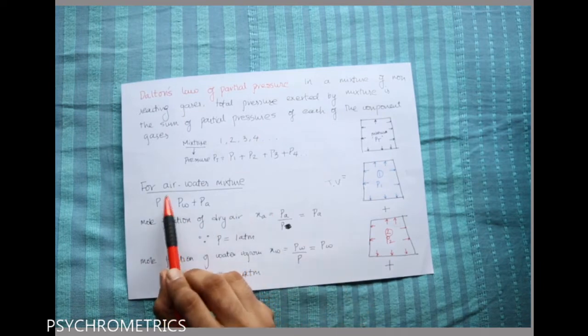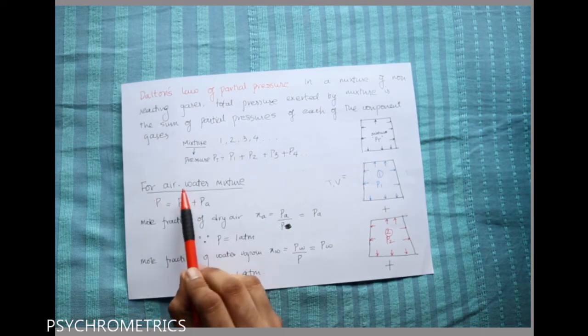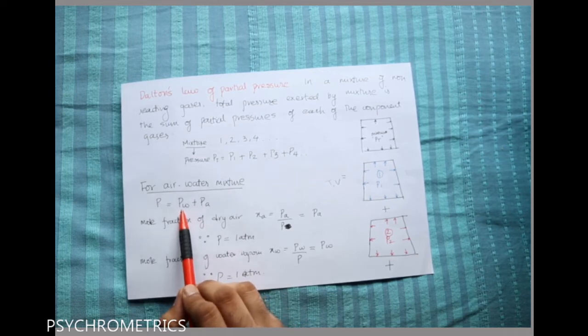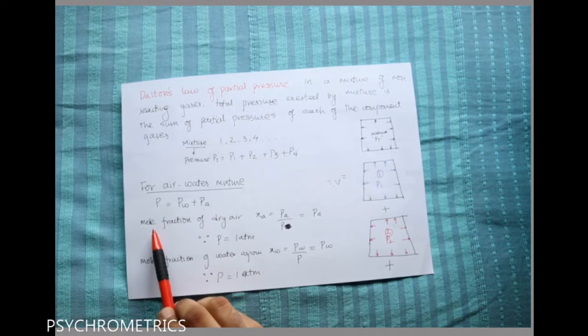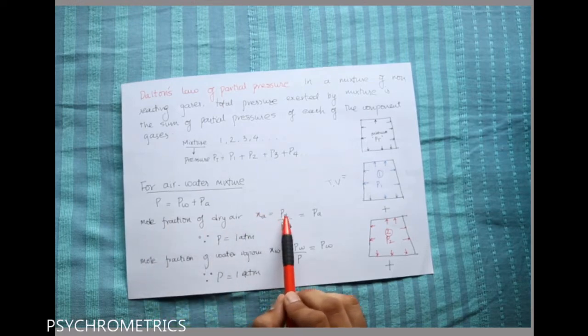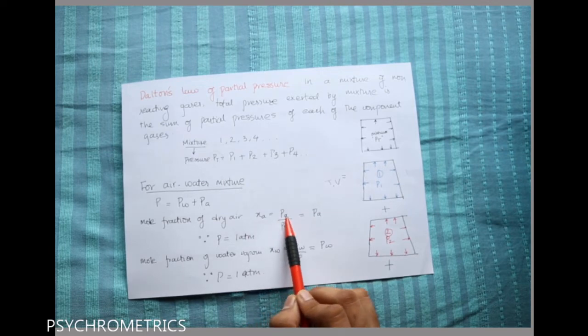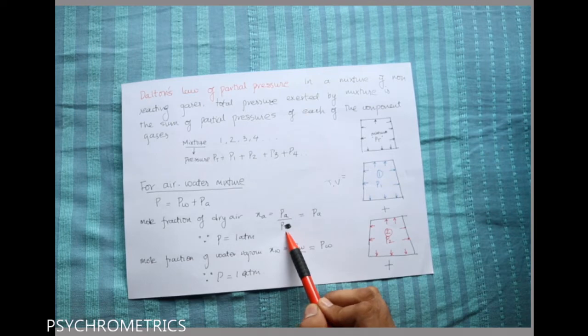Now, in the case of air, the pressure exerted by the mixture of water and air is equal to the sum of partial pressures of the water vapor as well as the dry air. The mole fraction of the dry air, XA, can be defined as partial pressure of air divided by total pressure.